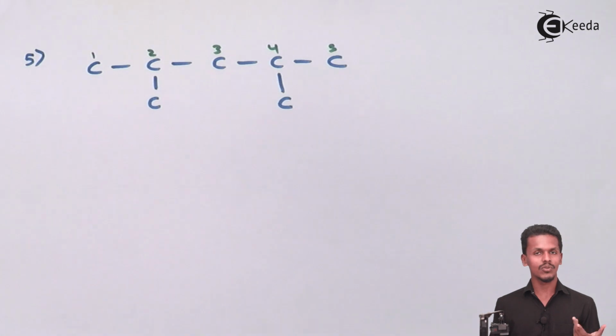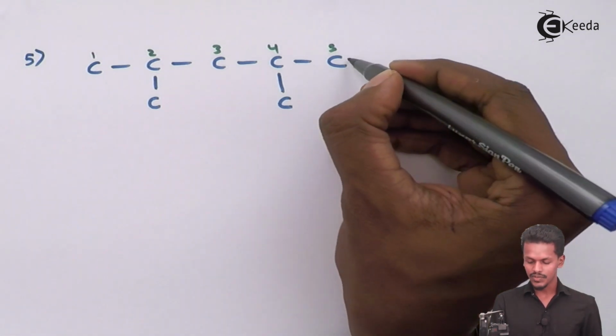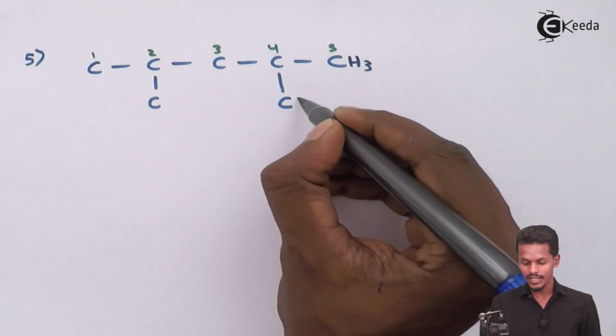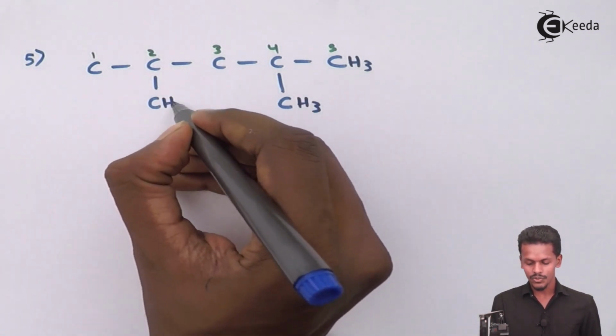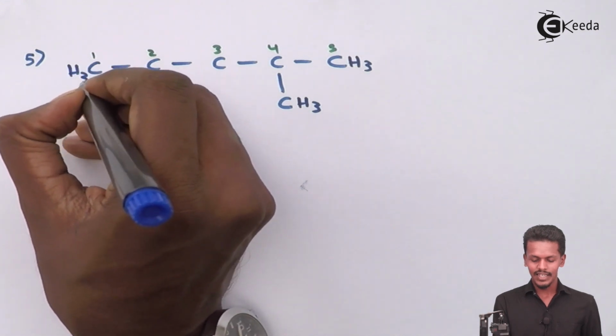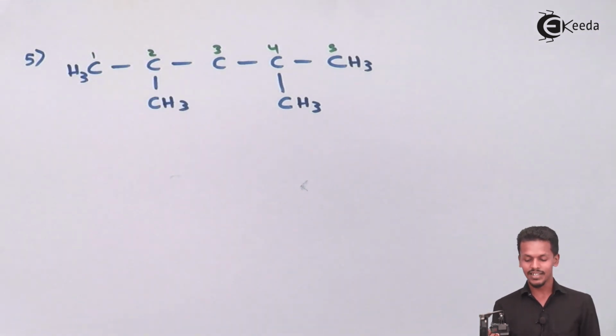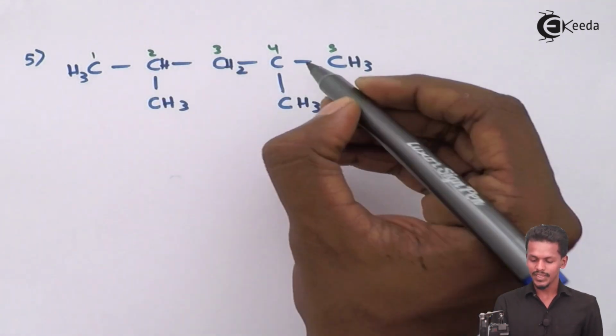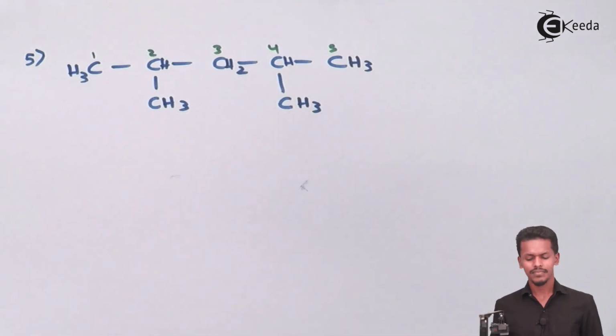Now fulfilling the required hydrogen atoms. This is a primary carbon, so it would be CH3. Again this is a primary carbon atom, so again this would be CH3 here also. So basically there are 4 primary carbon atoms, and talking about the methylene group, here it is CH2, and this is the methyl group that is present.